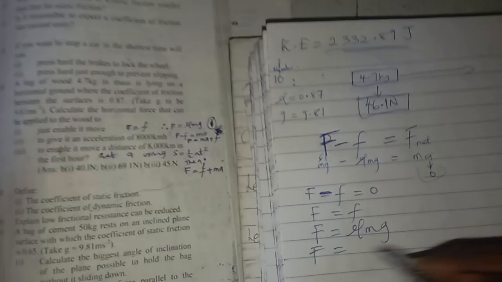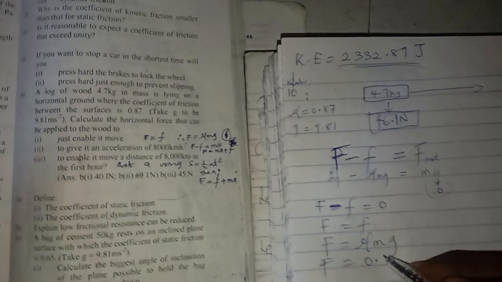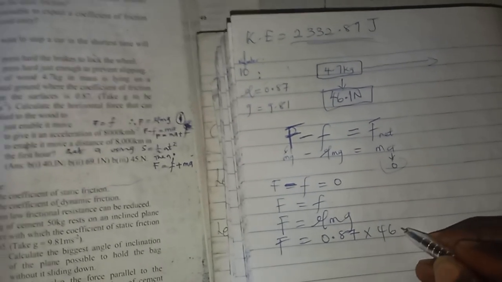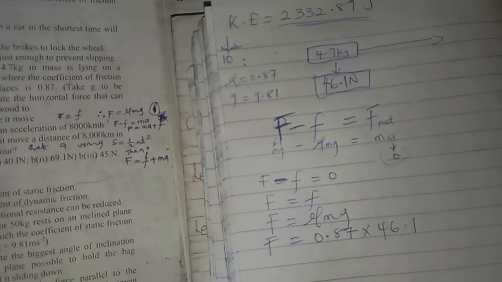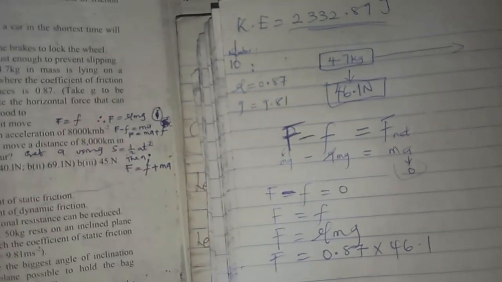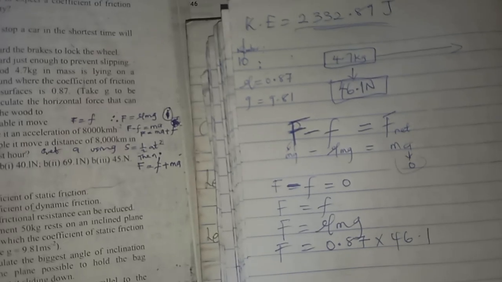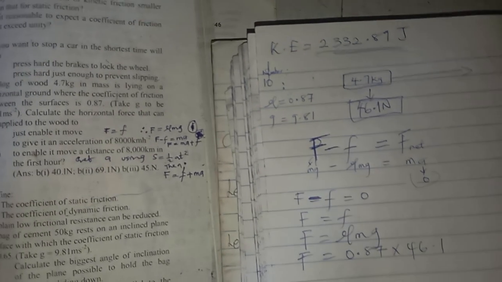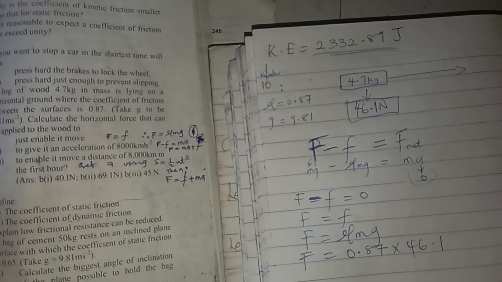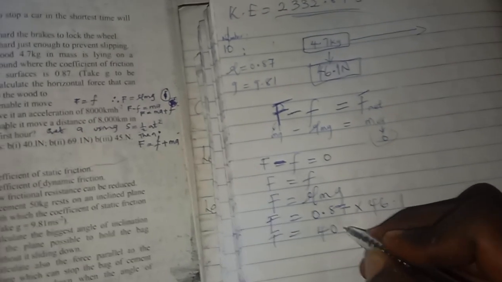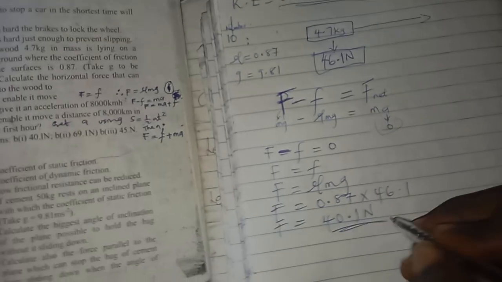So force will simply be 0.87 times mg, which is 46.1, so 0.87 times 46.1. So F equals 40.1 Newton. So just to enable it to move, that is your answer.